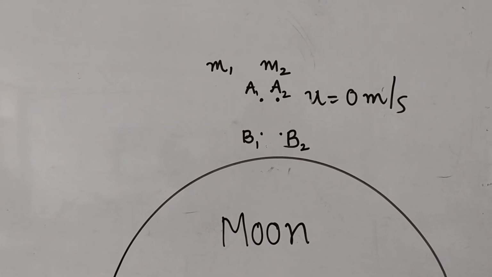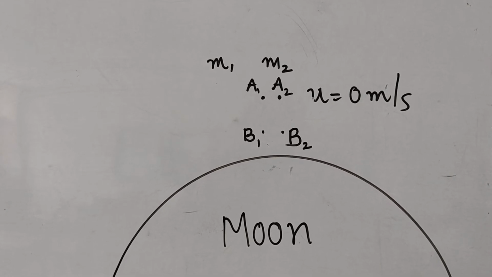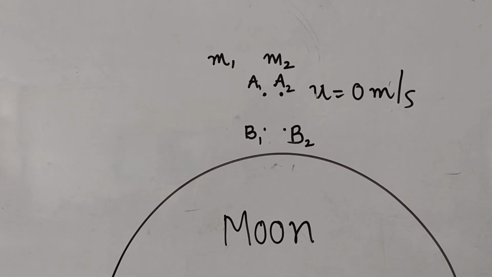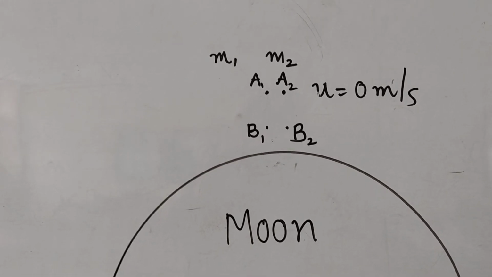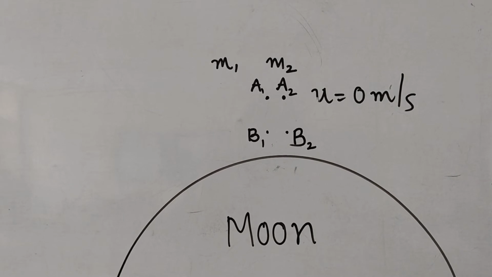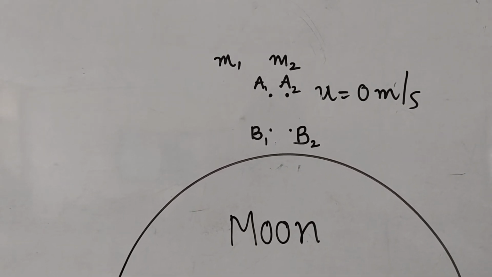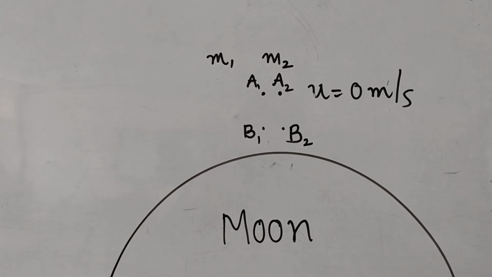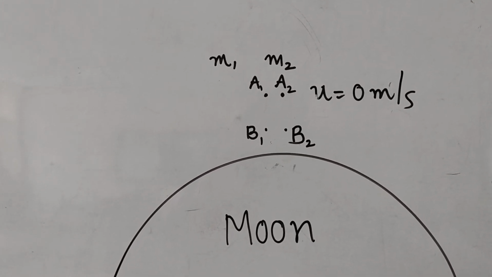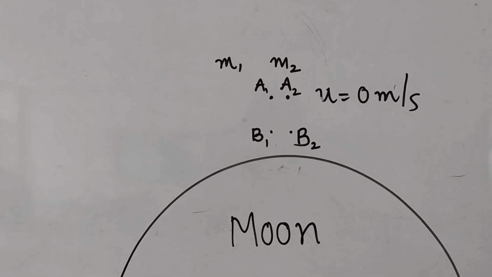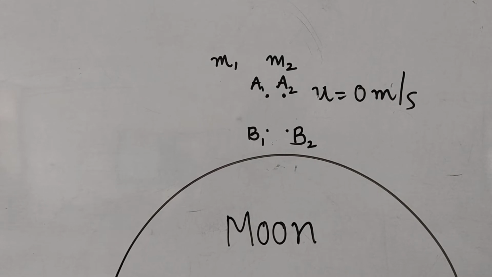Let us consider that after some time, the m1 body is at position B1 and the m2 body is at position B2. We are assuming that they are dropped from A1, A2, which are at the same height above the surface, simultaneously. So after time t, they will reach two different points which are again equidistant from the surface of the moon.